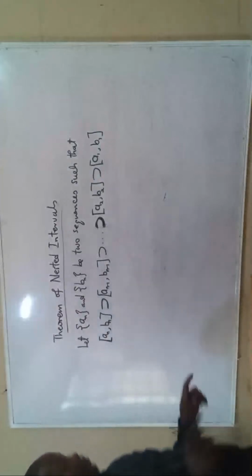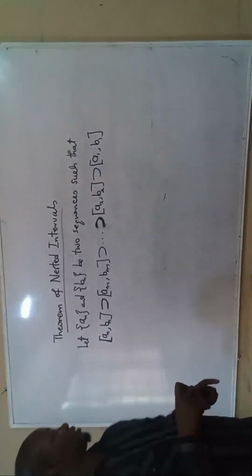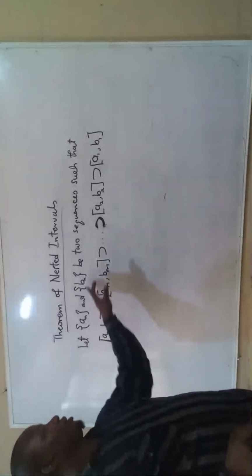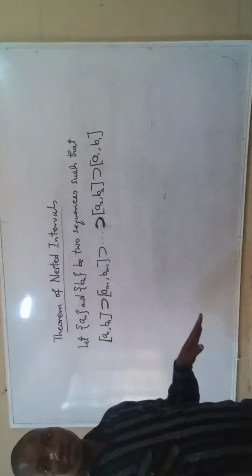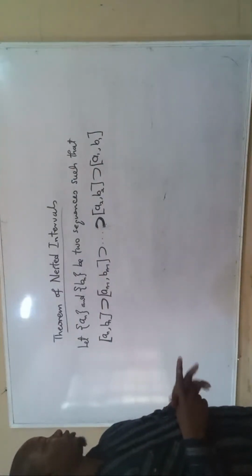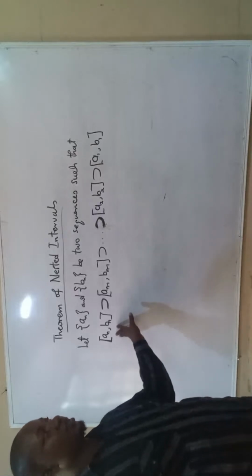Okay, so what is happening is that A and B are two different sequences, but both of them satisfy the nested form.